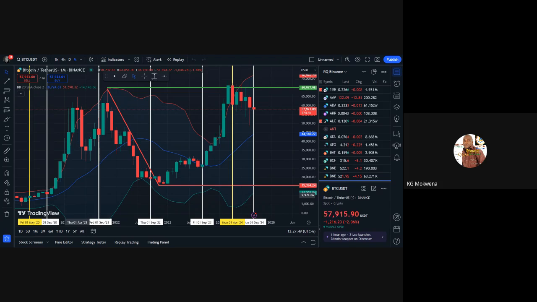ETFs are exchange traded funds. And they also approved Ethereum ETFs. So which means we're looking at more money flowing into blockchain products, for instance, of blockchain projects or space.